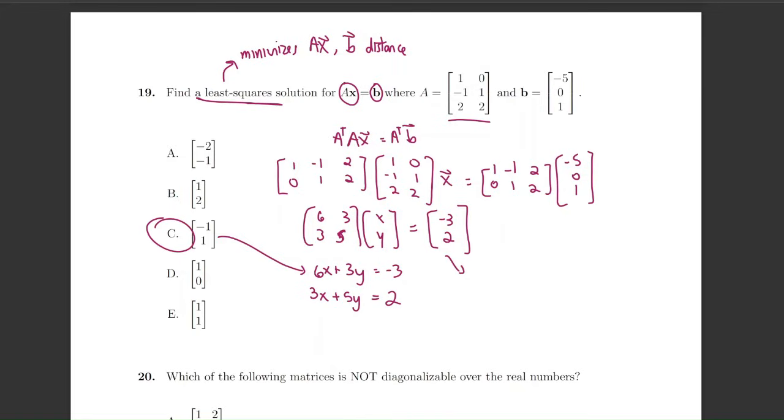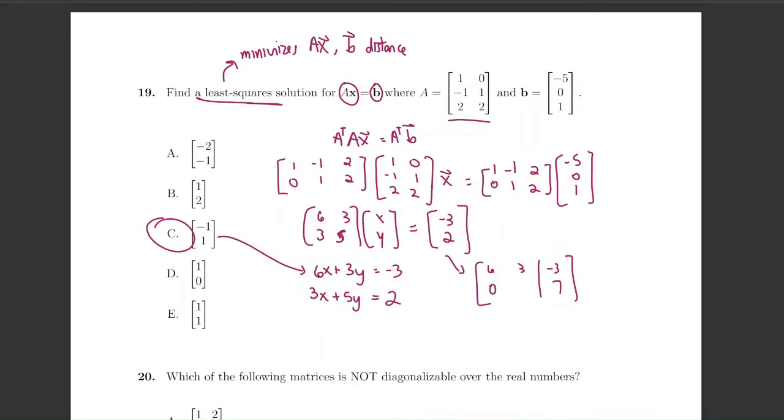Actually, honestly, it might not be that bad, because if you row reduce, you could do 2 times this row minus this row, and that would give you 0, twice 5 is 10, minus 3 is 7, 2 times 2 is 4 minus 3 is 1.